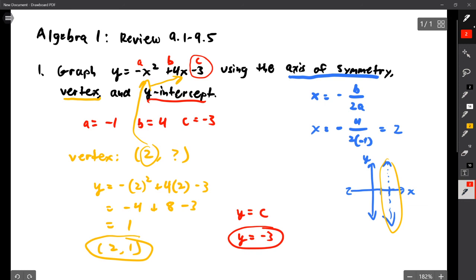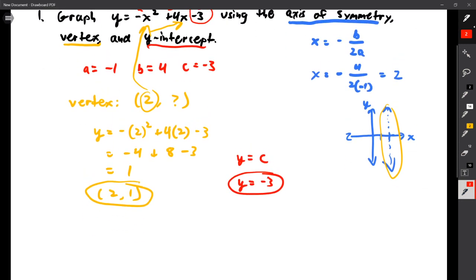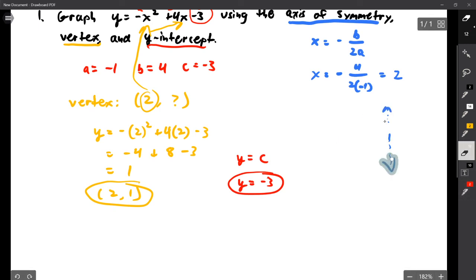That is our y-intercept. So we put all these pieces together, and I'm going to erase this here. I'm going to do one a little bit bigger, a little bit cleaner for us to do.